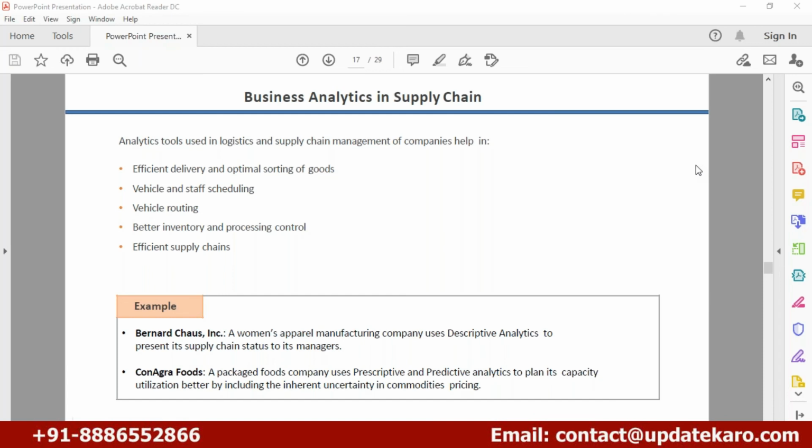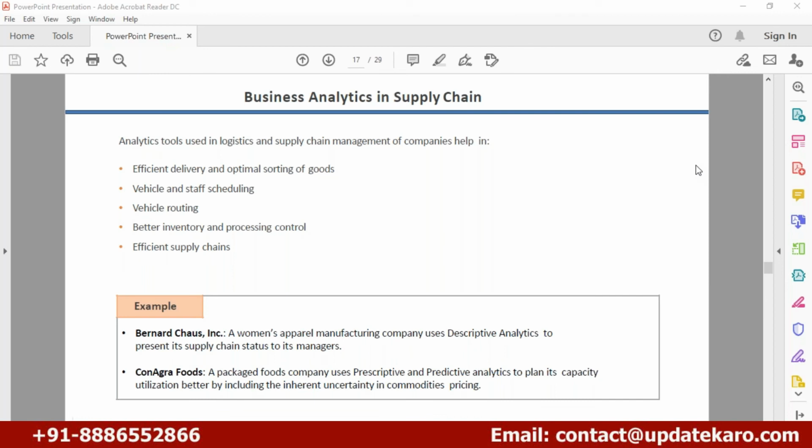Business analytics helps them take the right decisions. How many people I need, how many resources I need, how many vehicles I need, which optimized route I should take so that it will not waste the resources. Better inventory and processing control, efficient supply chains, all these things.